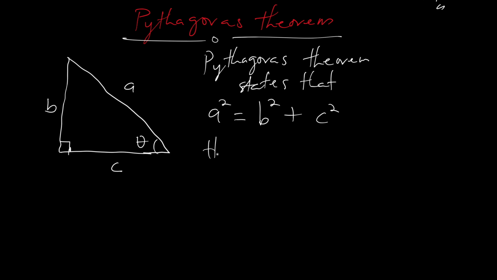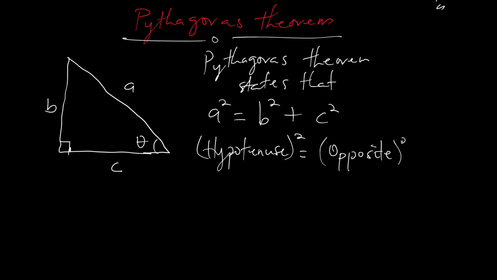So the hypotenuse squared is equal to the opposite squared plus the adjacent squared.